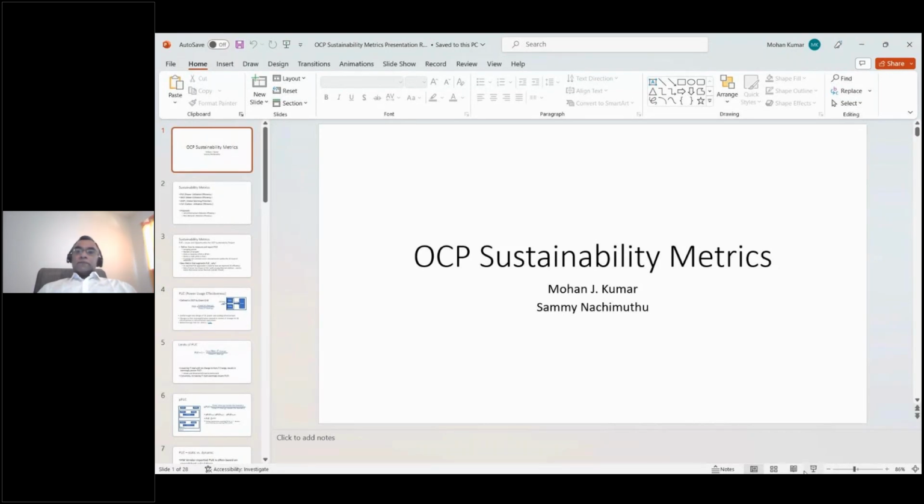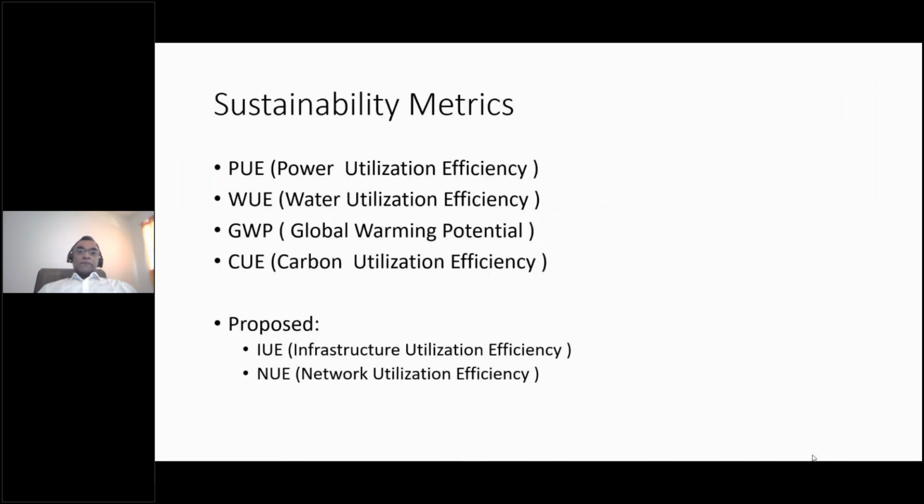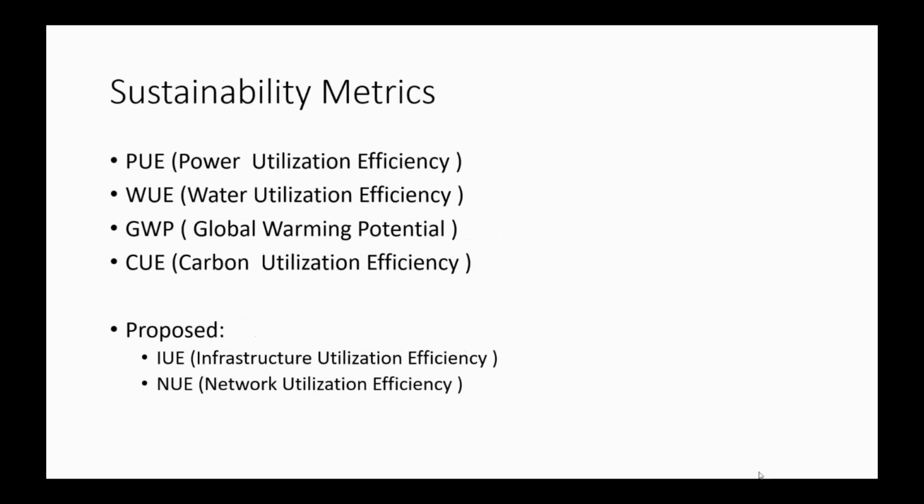Good morning, everyone. So, I wanted to talk about what sustainability metrics we're talking about, and maybe in the given time we may not have the ability to get into all of them, but at least do a deep dive into some of them and see where we want to go. So there are a number of metrics that are used for sustainability today, right?